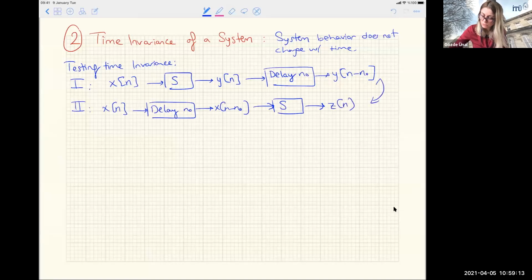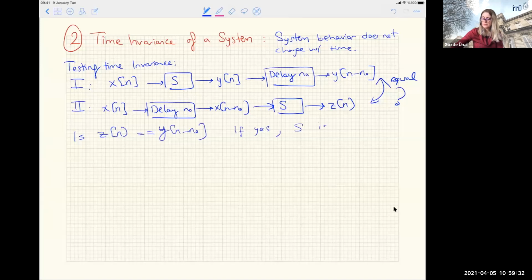Are these equal? If yes, that is, if z of n is equal to y of n minus n0, S is time invariant. If no, S is not time invariant. We sometimes say it's a time varying system.